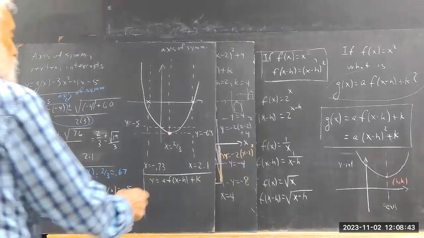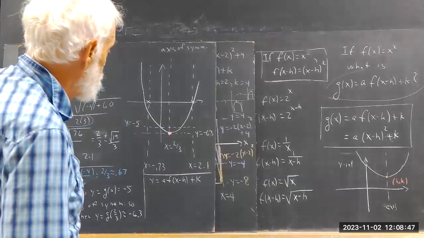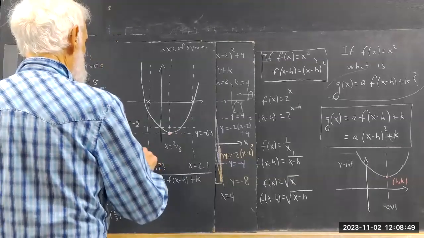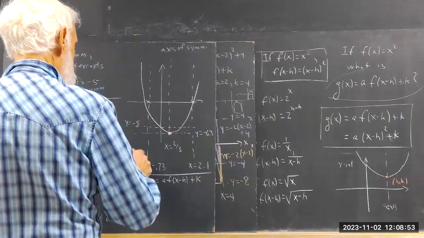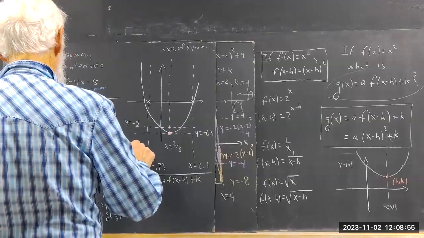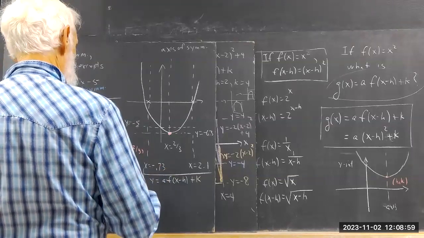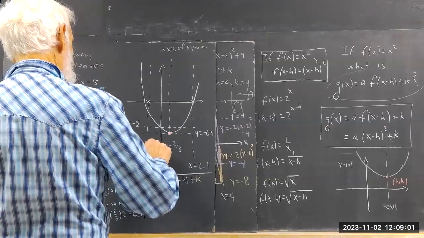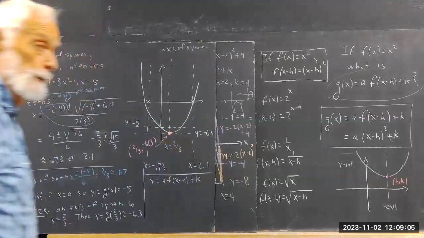Okay, well, this function is y equals A f of x minus h plus k. The vertex is pretty close to 2/3, -6.3.